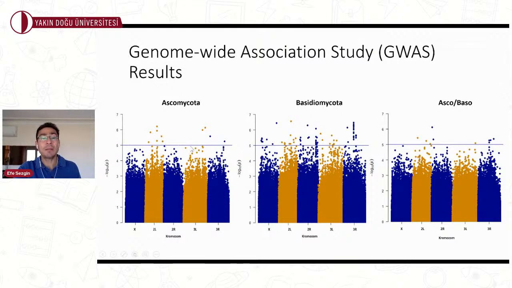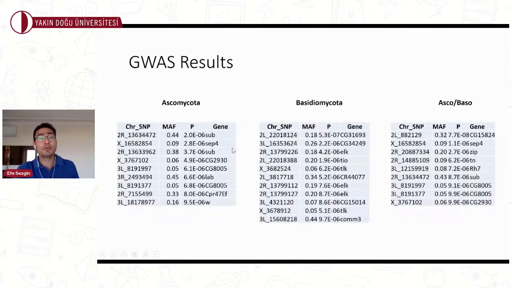Anything above this blue line is statistically significant, meaning that there is maybe a biological effect. So we identified host genetic factors that can contribute to the Ascomycota amount, Basidiomycota amount, and their ratios. And indeed, we were able to identify some of these genes. I will get into more detail later on.